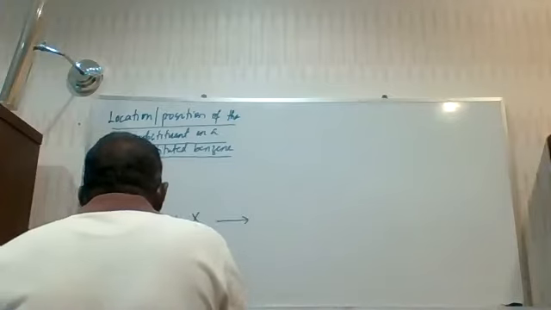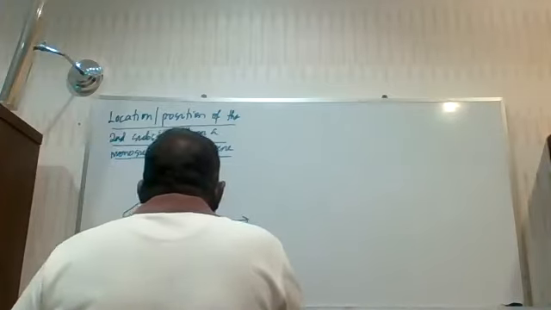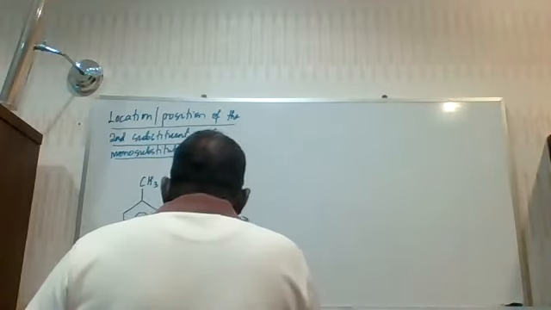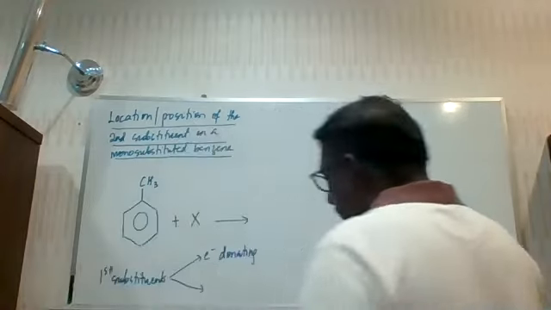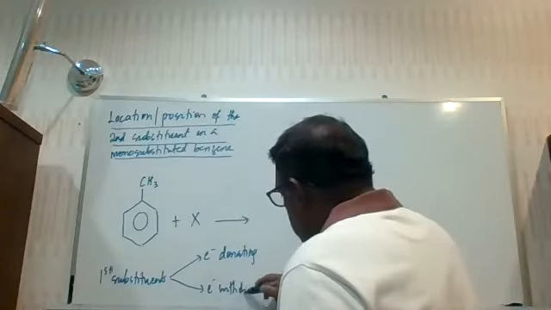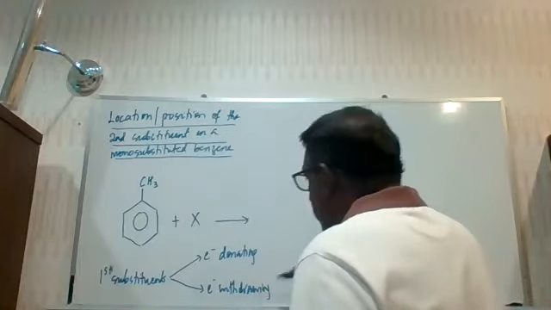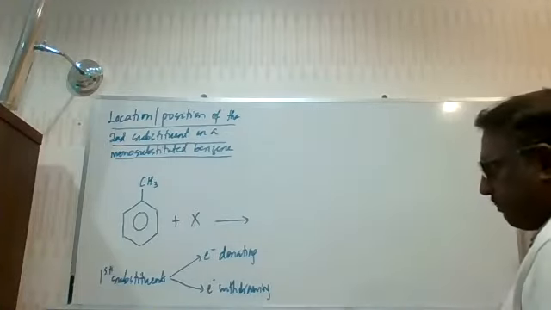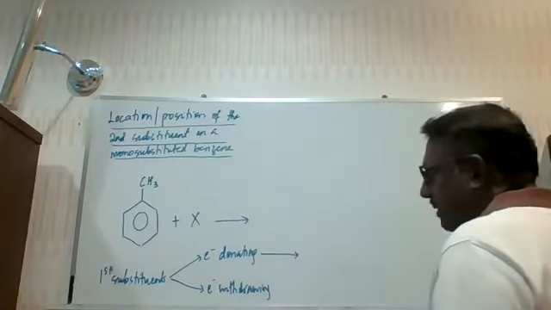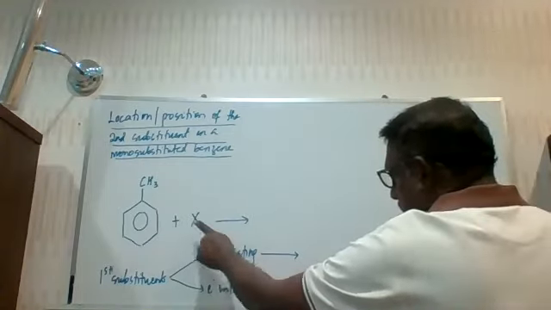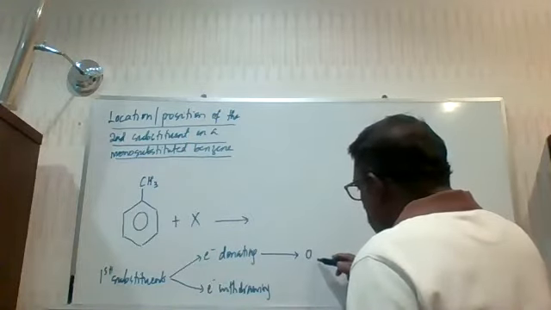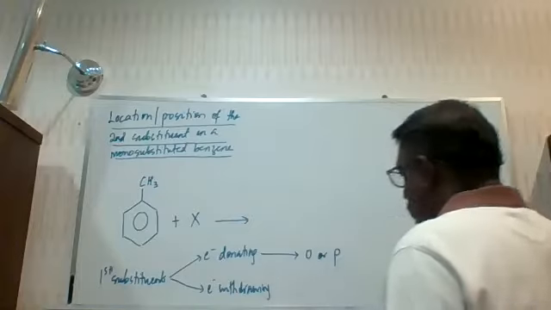Generally, a substituent can be classified as an electron donating group or atom, or an electron withdrawing group. So it is either electron withdrawing or electron donating. Now, if it is electron donating, it will direct the second substituent to occupy either the ortho or the para position.